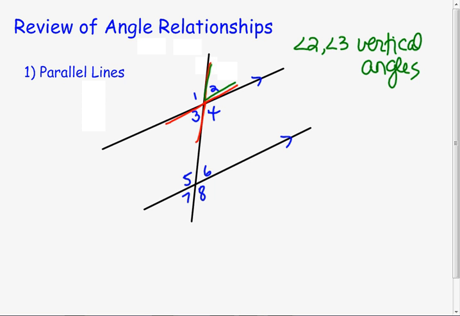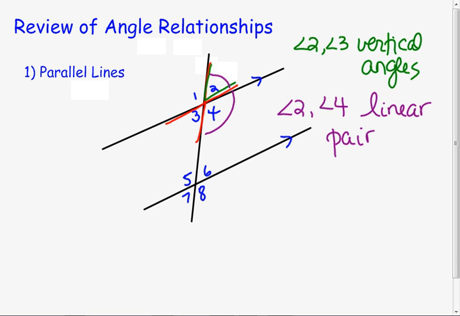Okay, they're vertical angles. What about 2 and 4? They're special angles too. They're supplementary because they form a linear pair. Okay.